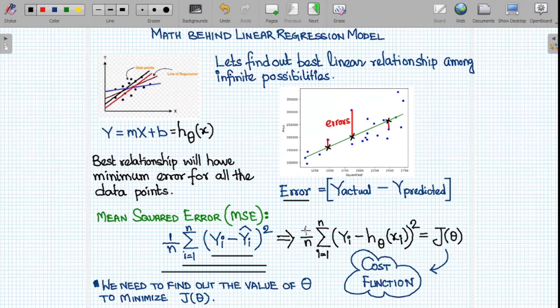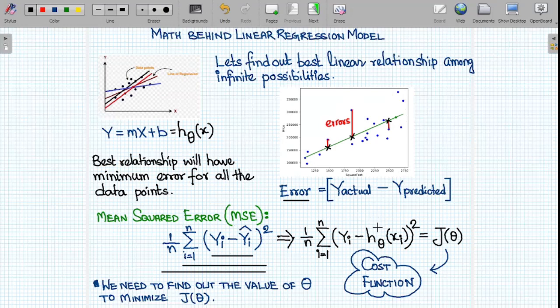So our equation is now 1 by n, summation from i equals 1 to n, of yi, which is the actual data point, minus h theta xi, which is the predicted value, and we are squaring it in order to get the mean squared error. In linear regression, this function is known as the cost function. In general, we represent it as J of theta. That means the cost function is nothing but the mean squared error function for a linear regression model.